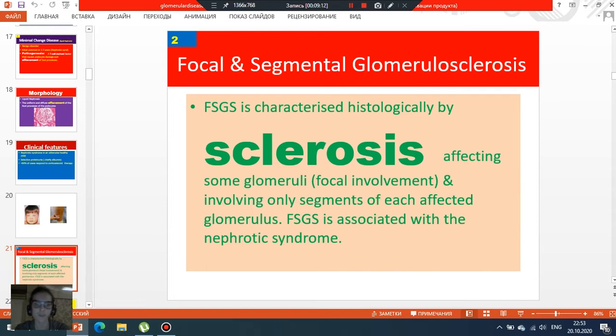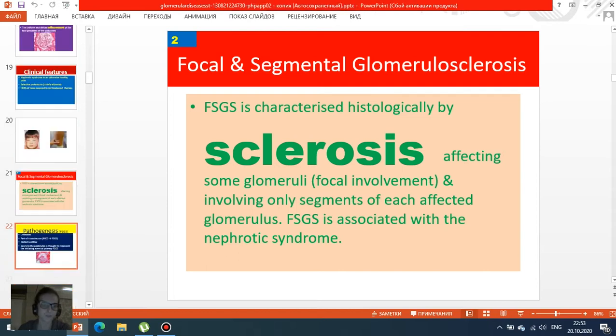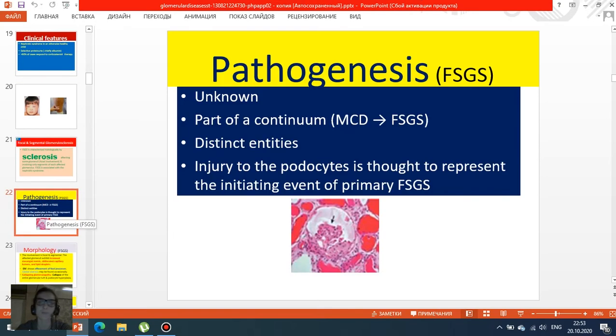FSGS is associated with nephrotic syndrome. Pathogenesis is unknown, maybe part of a continuum, MCD to FSGS, or distinct entities. Injury to the podocytes is thought to represent the initiating event of primary FSGS.